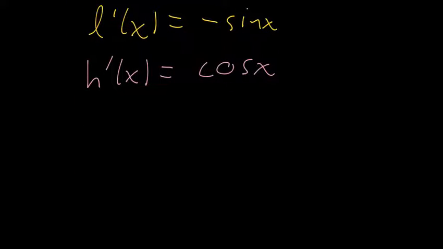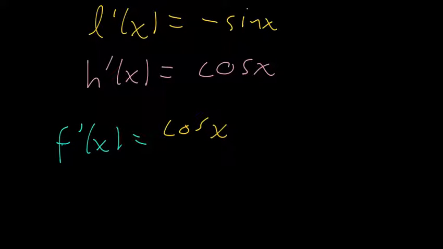All right, so let's go ahead and apply the quotient rule. So for that, we'll have f prime of x equals low d high. So that's going to give us cosine of x times cosine x, minus high d low.